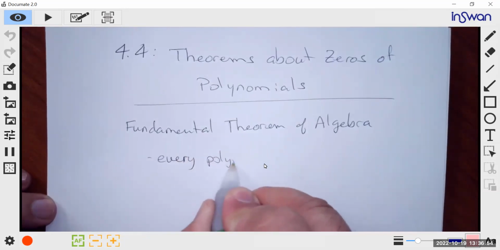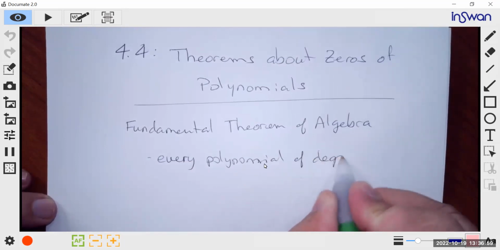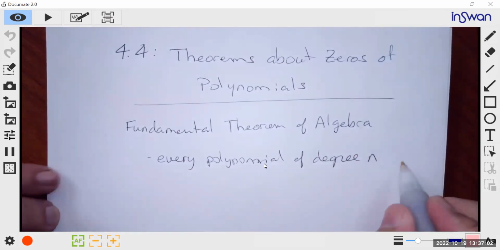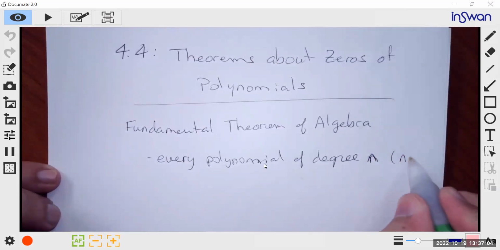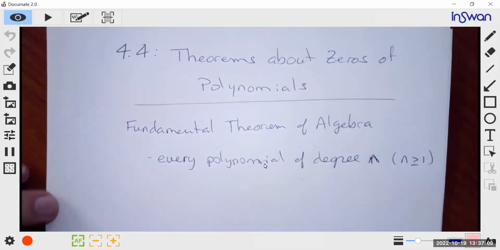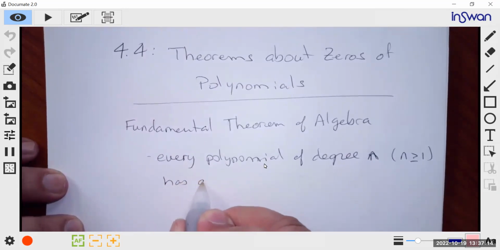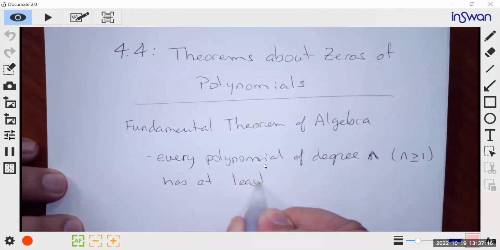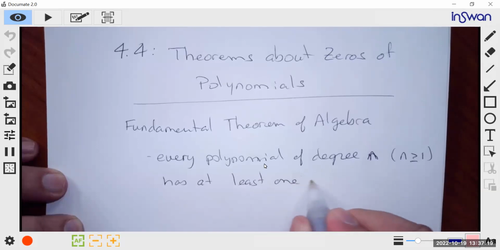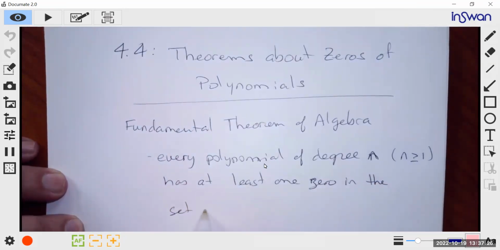Every polynomial of degree n, where n is greater than or equal to 1, has at least one zero in the set of complex numbers.